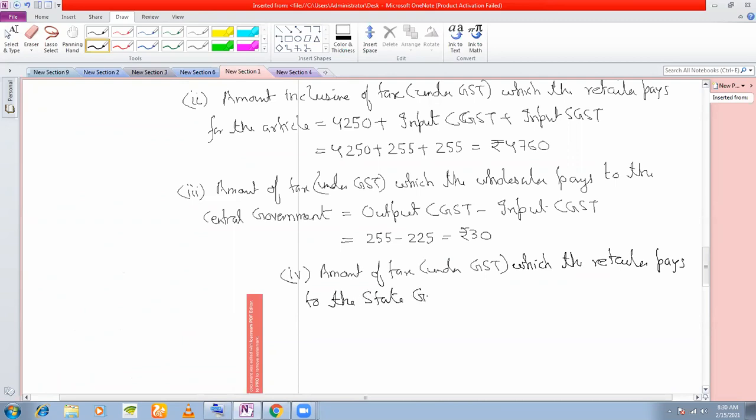So we have to look at the retailer and at his SGST, because the state government is involved here.